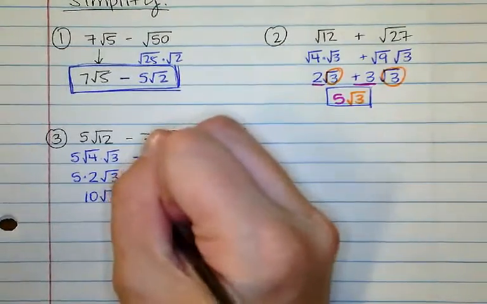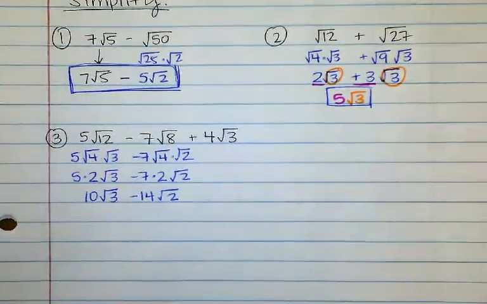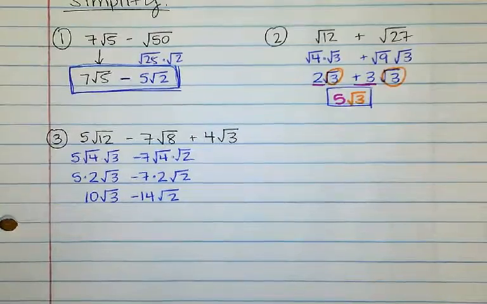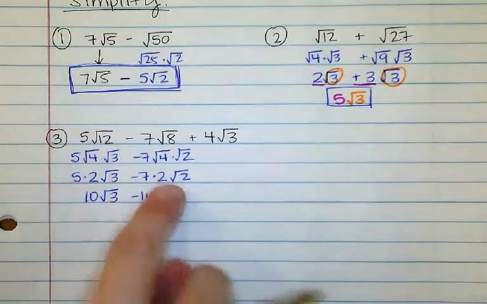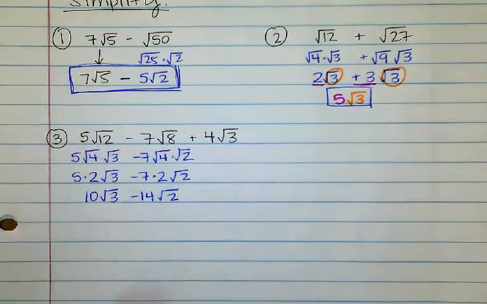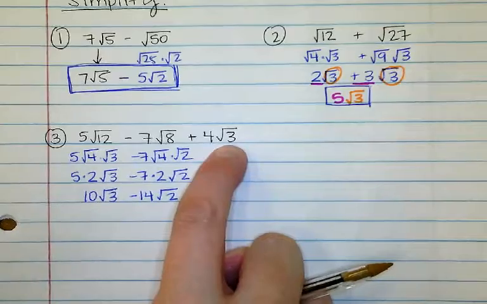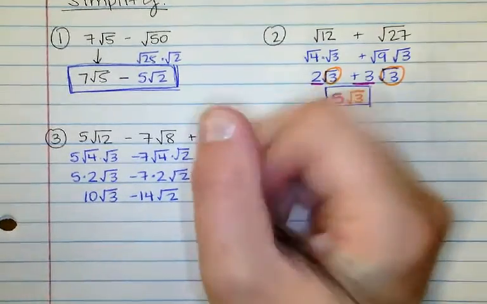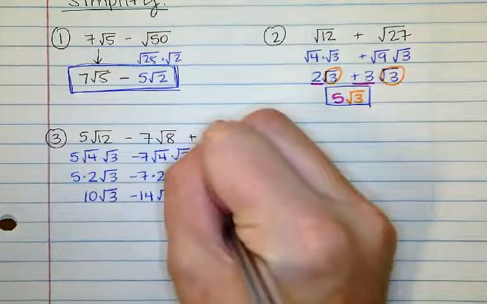Are you guys good with that? So I'm simplifying each term to see if we have any like terms. Does this one need to be simplified? No, it already is. Radical 3 doesn't have anything. So that's just going to be 4 radical 3. Are you guys comfortable with that?